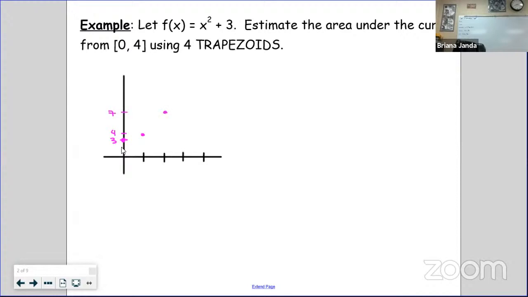And 3 squared is 9 plus 3 is 12. We're going to run out of room here, so let's go up to 12. So we're looking at that parabola right there.